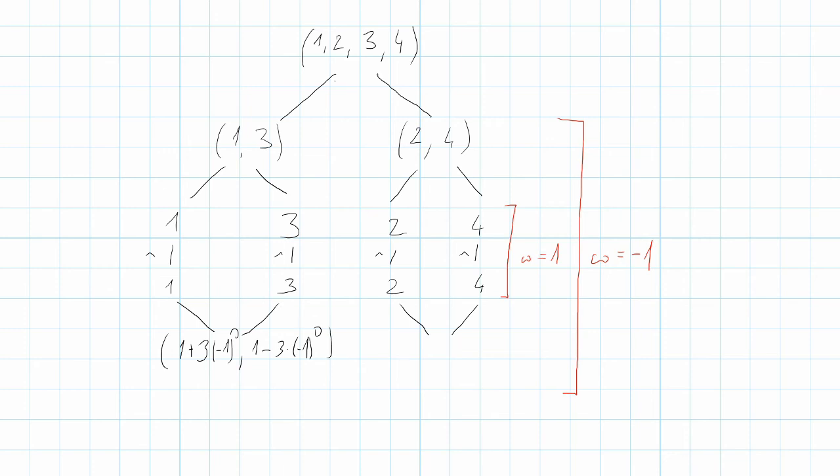And here it's the same: 2 plus 4 times (-1) to the power 0, and 2 minus 4 times (-1) to the power 0. Of course this is easy to compute: 1 plus 3 is 4, and 1 minus 3 is -2. And here we have 2 plus 4 is 6, and 2 minus 4 is -2. So this is the sequence.